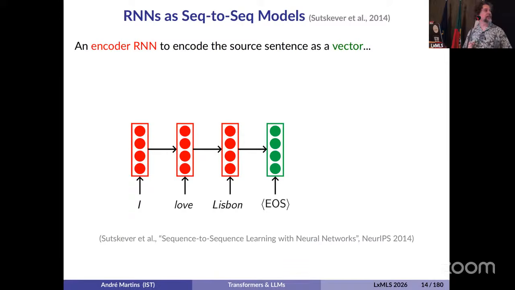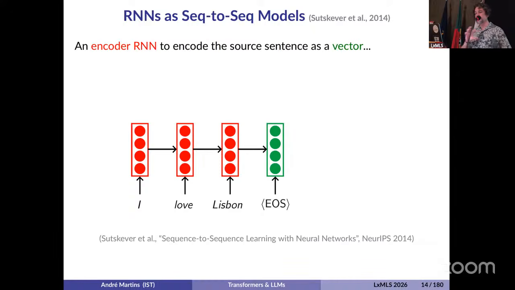One thing that was mentioned in that lecture is that you can define a sequence-to-sequence model by combining two RNNs. Okay, so we can think of an encoder RNN. For example, let's suppose we are doing machine translation. So we want to map an input sequence to some output sequence, for example, translating from English to Portuguese.